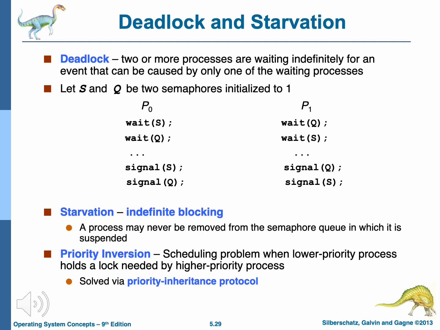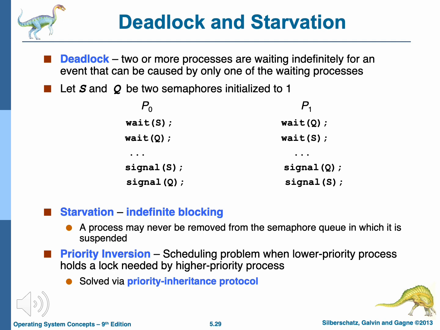Since these signal operations cannot be executed, P0 and P1 are deadlocked. We say that a set of processes is in a deadlocked state when every process in the set is waiting for an event that can be caused only by another process in the set. The events with which we are mainly concerned here are resource acquisition and release.